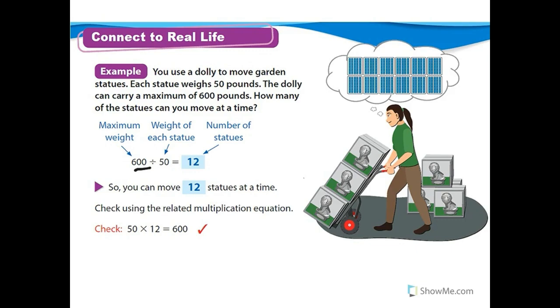They divided the weight by the weight of each statue and got 12. So you can move 12 statues at a time, and you can check using the related multiplication equation, right? So 12 at a time, and see how she grouped them as well.